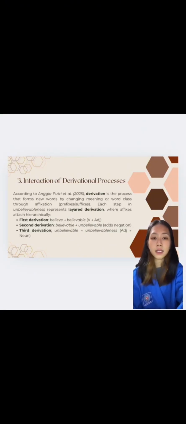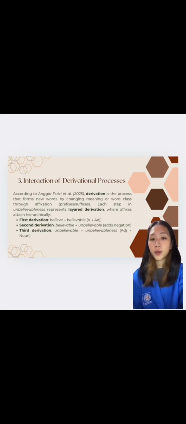The next slide is number 3, interaction of derivational processes, or process interactions. As you can see, it explains a lot about this slide, right? And I will explain it in simple points for you guys. Okay, these slides are about process interactions.